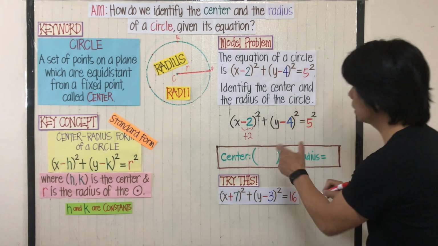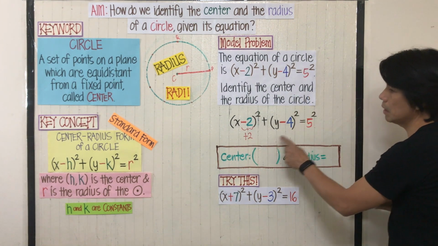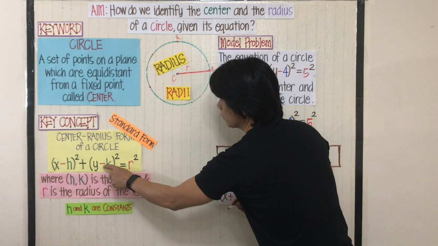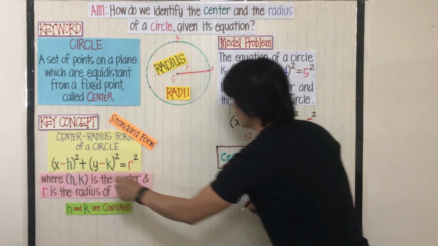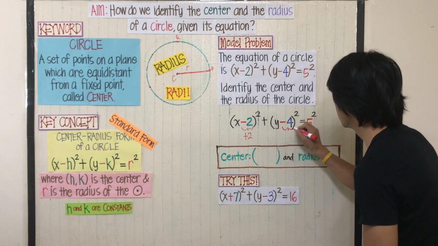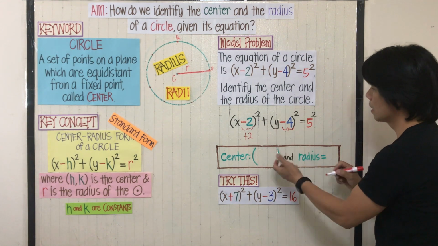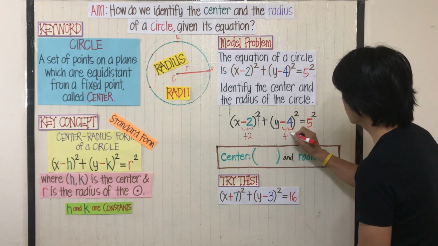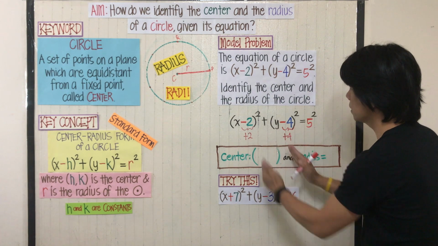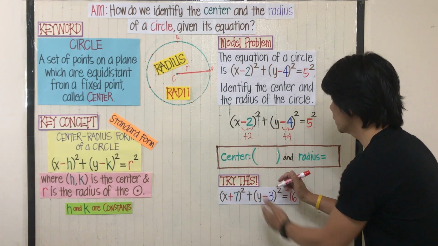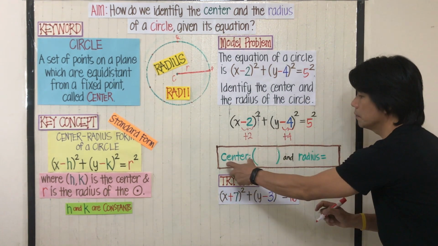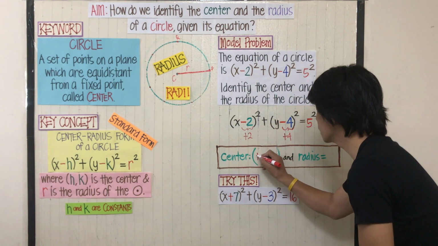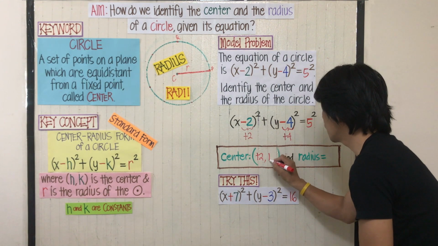So the constant becomes positive 2. Similarly, if you have negative k, it becomes positive k there. So this negative 4 becomes positive 4. Now put them together inside the parentheses. The coordinates of the center then is positive 2, comma positive 4.